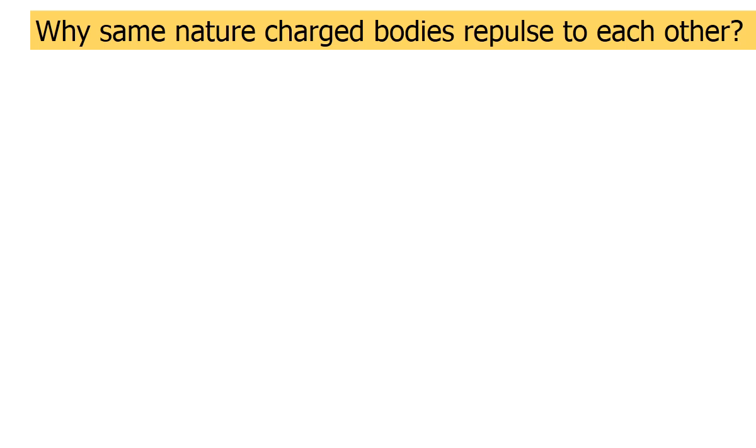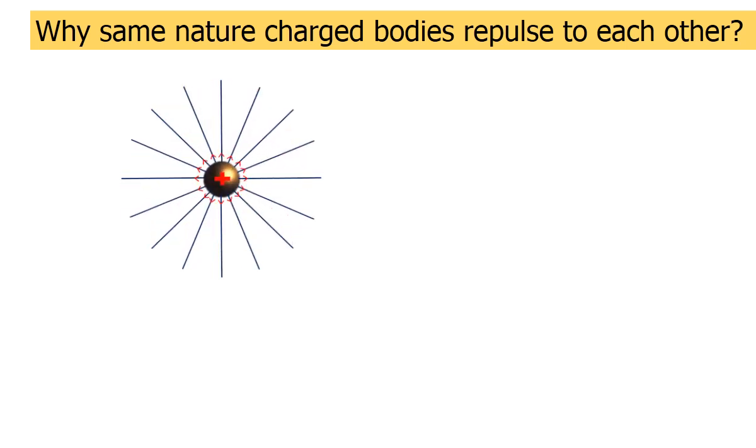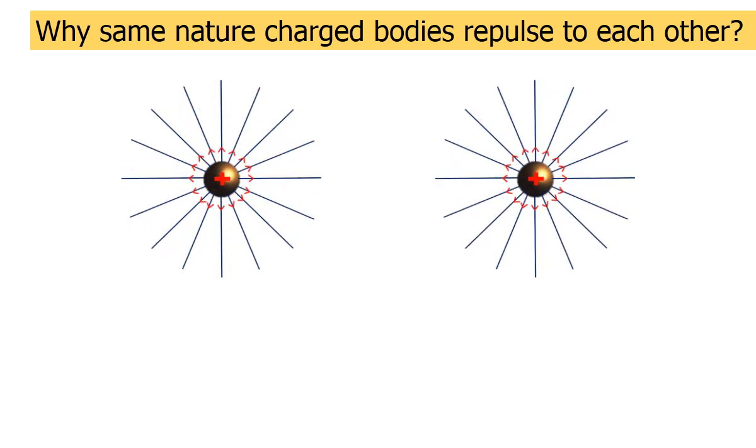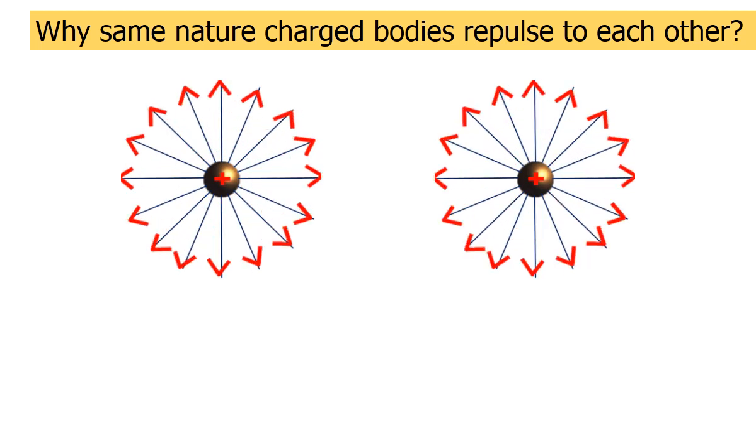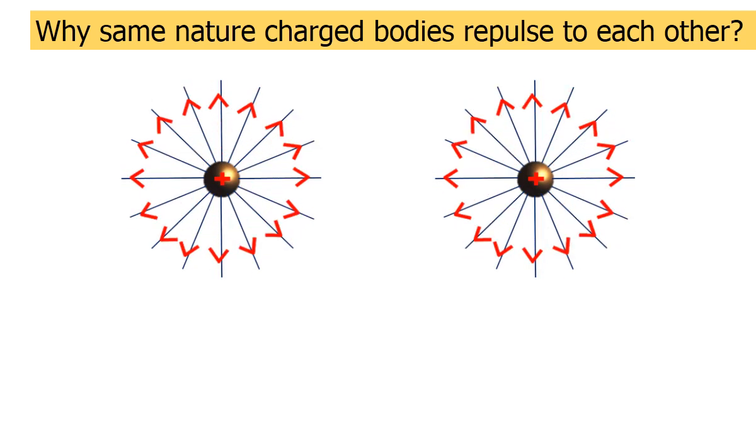Now the next topic is why the same nature charged bodies repel each other. We know the same nature charged bodies will repel each other. Let's know how. You can see the figure, there a positive charge, the electric line of force acts towards outside of the charge, and here is another positive charge whose electric line of force also moves away from the charge.